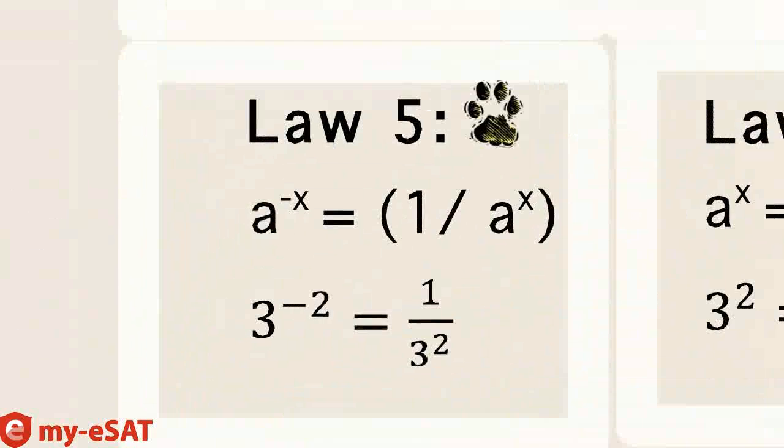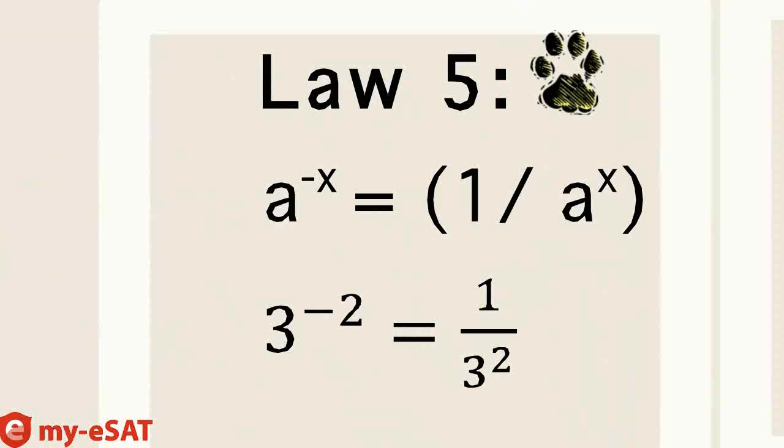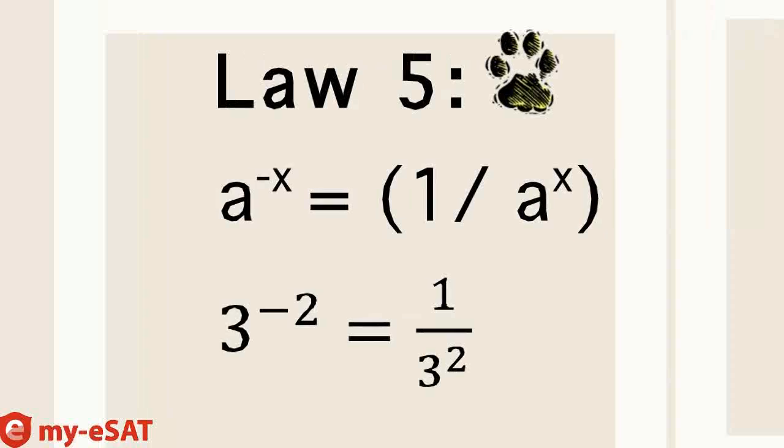Law 5. Any number with a negative exponent is the same as the reciprocal of that number with a positive exponent. So 3 to the negative 2 equals 1 over 3 squared. Law 6.